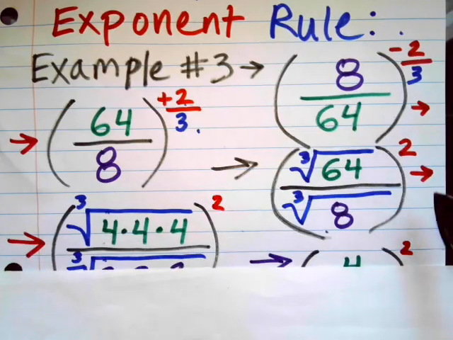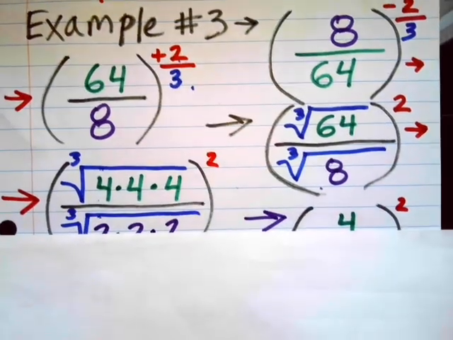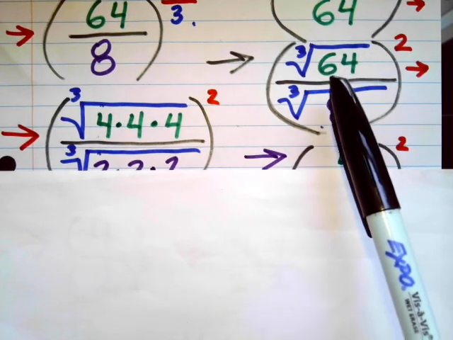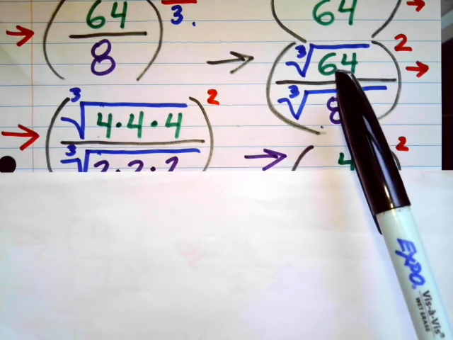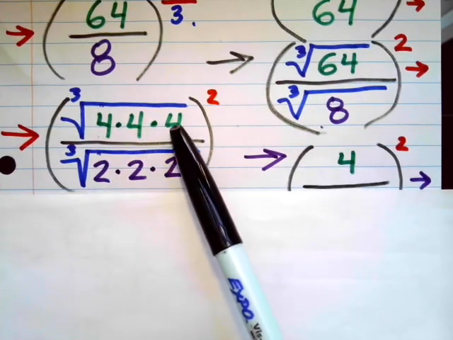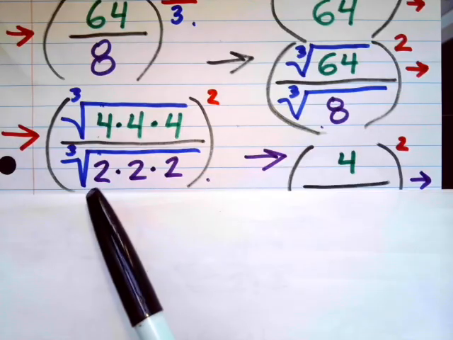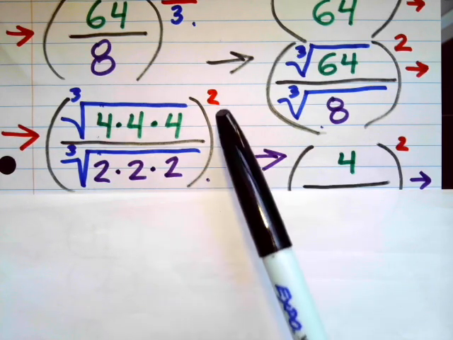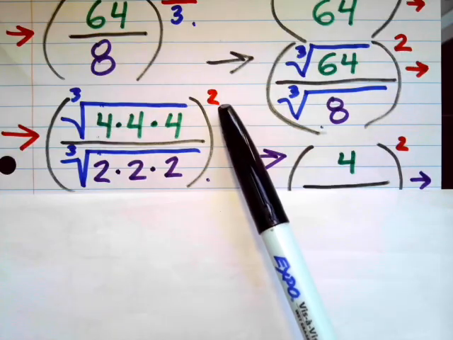Now in this next step, I'm going to show you that 64, when you break it down to its expanded form, is 4 times 4 times 4. And I know 8 is 2 times 2 times 2. And again, it's raised to that power of 2.